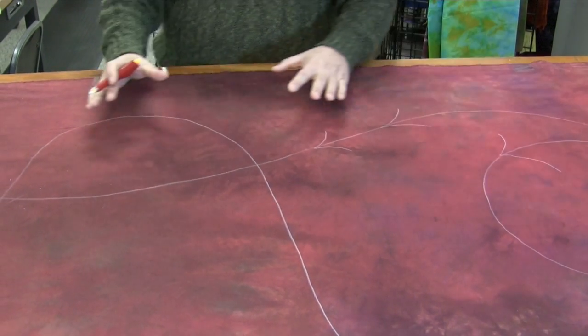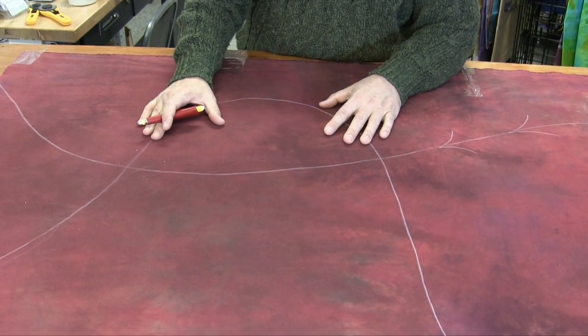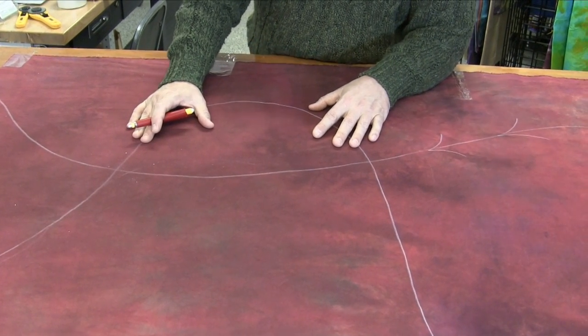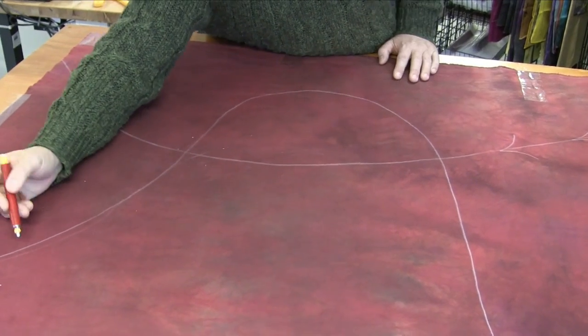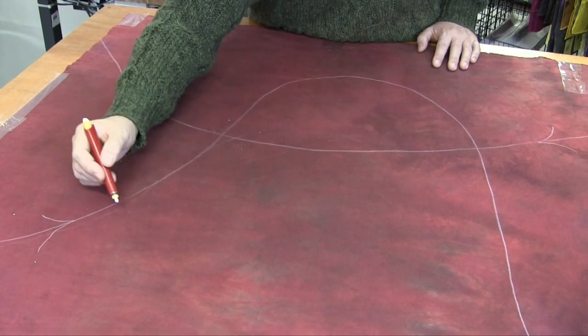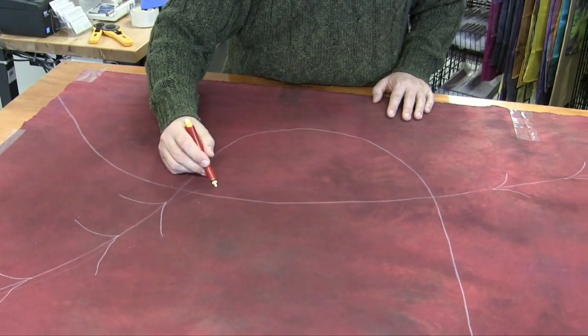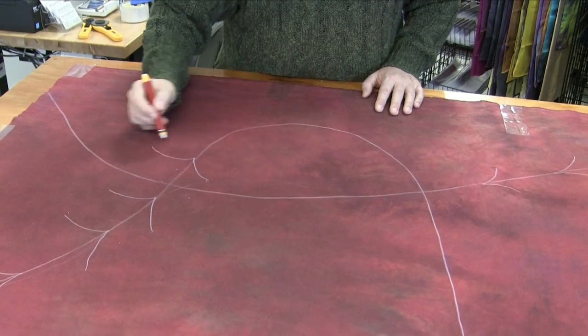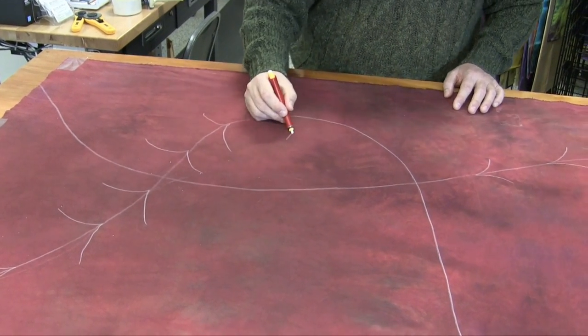Now we need to consider what's going to happen with this second flight path line. So I think what I'm going to do is I'm going to switch it, and I'm going to start up here in the upper right, and I'm going to come off that edge rather than off the top edge and come down. Come down, I'm going to go over my geese path here, my main line.